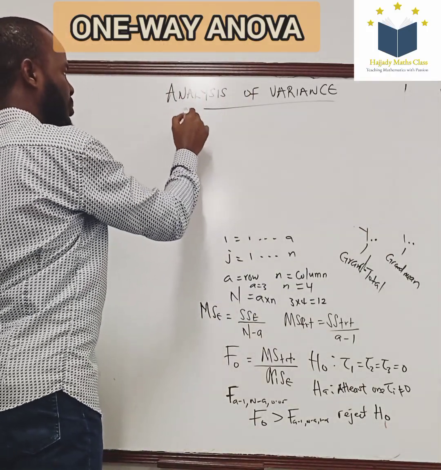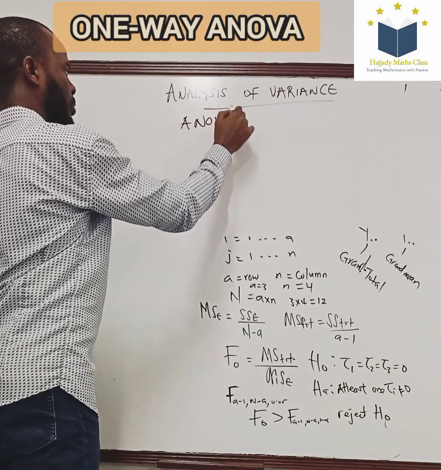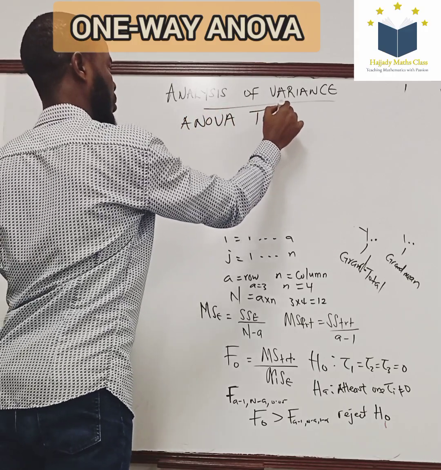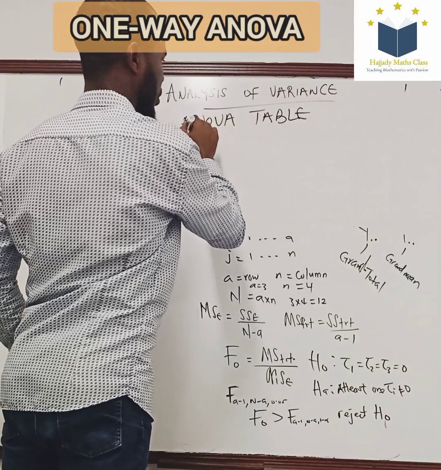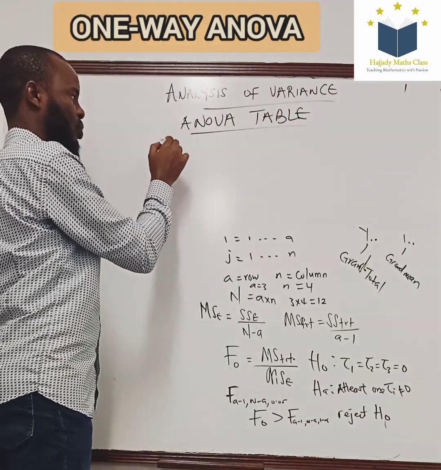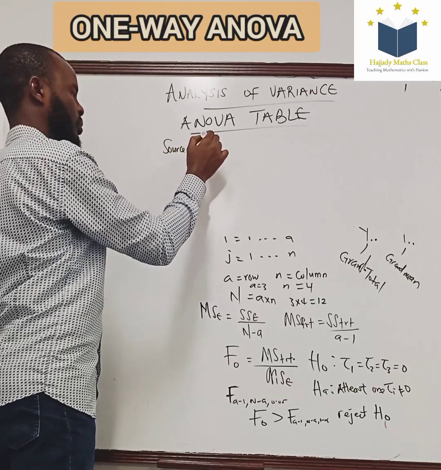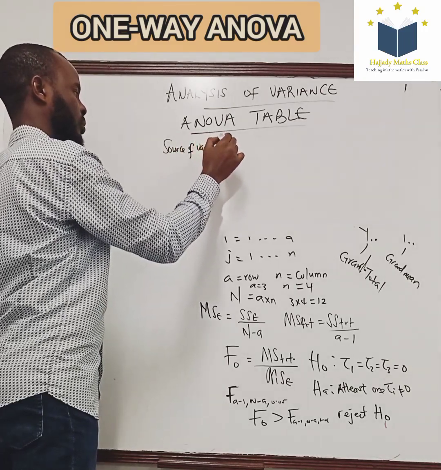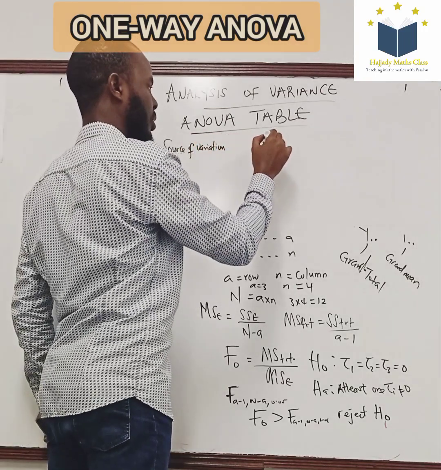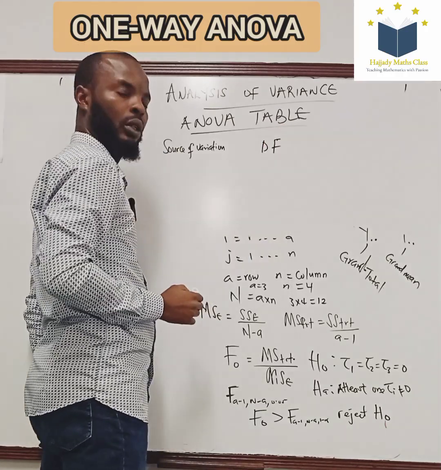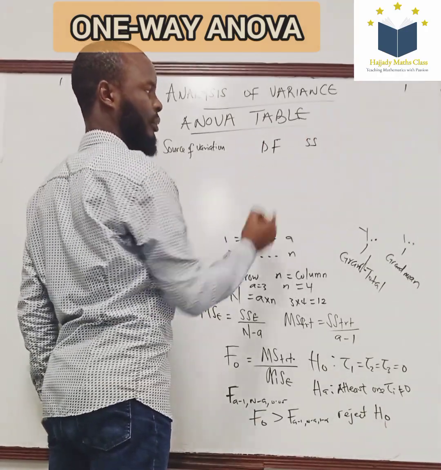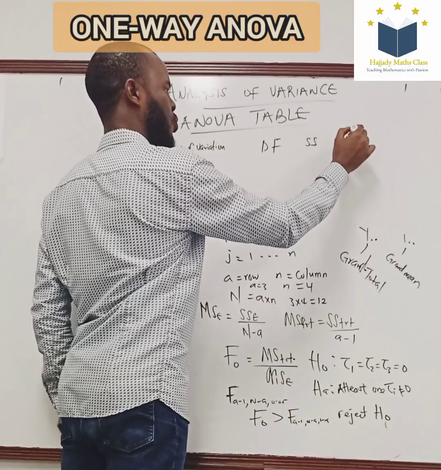Under your ANOVA table, we have the source of variation. We have the degree of freedom. We have the sum of square. We have the mean square.